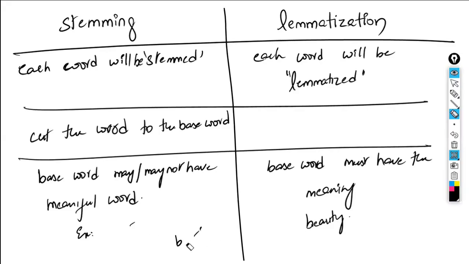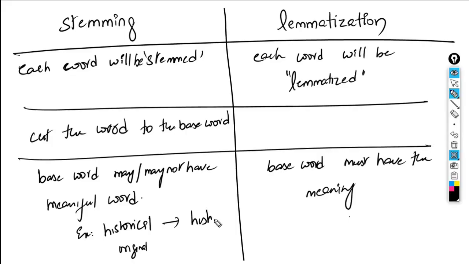Let us take one more example. Historical. This is the original word. After stemming, it may convert to histori, or maybe to history, but it is not compulsory to have a meaningful word.